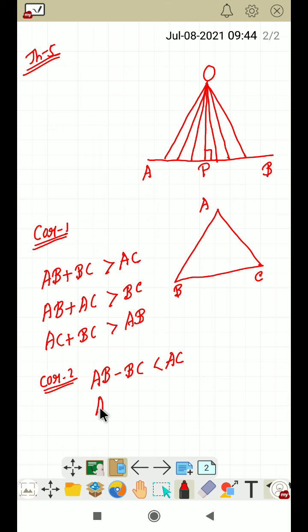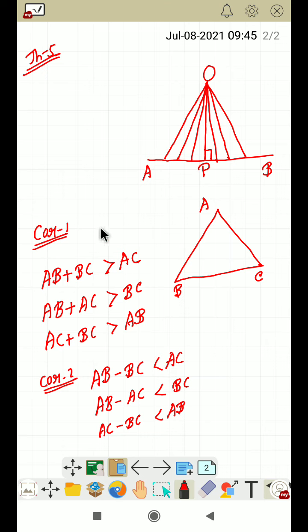If you take here AB minus AC, that will be less than BC. If you take here AC minus BC, it will be less than AB. So the sum of any two sides is greater than the third side, and the difference of any two sides is less than the third side.